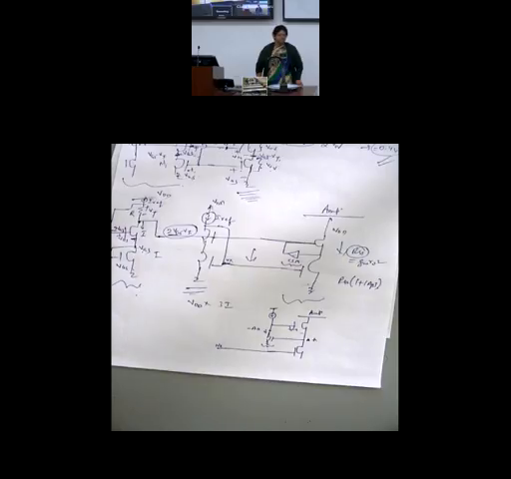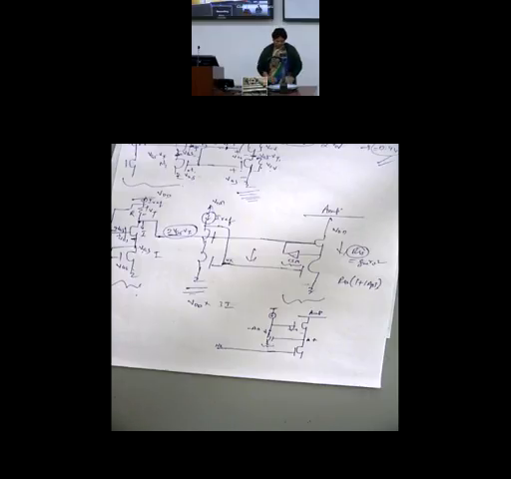Why? Because there is no change in current. Current is rolling back. Suppose some increment in current happens, because of negative feedback action, the current rolls back. The gate voltage comes down, so current rolls back. Okay? So your Q point is more or less stable.